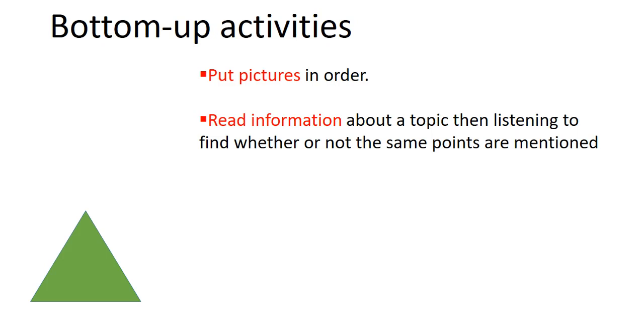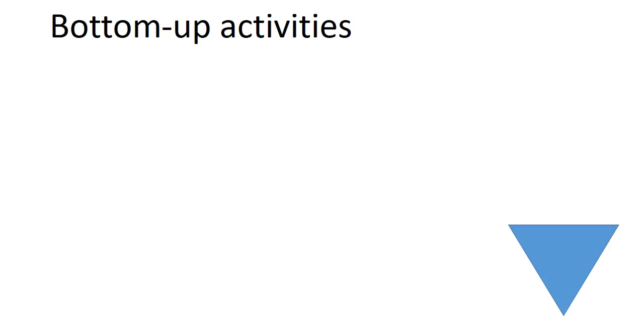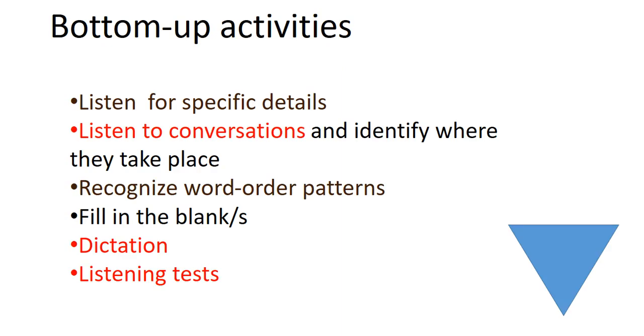They're using bottom-up processing because they're decoding the sound signals, they are separating the speech into words, so as to put the pictures in order, or, for example, to trace a route, or to read information about the topic first, and then play the audio and listen to find whether or not the same points are mentioned, which we covered earlier. These are more examples of bottom-up activities.